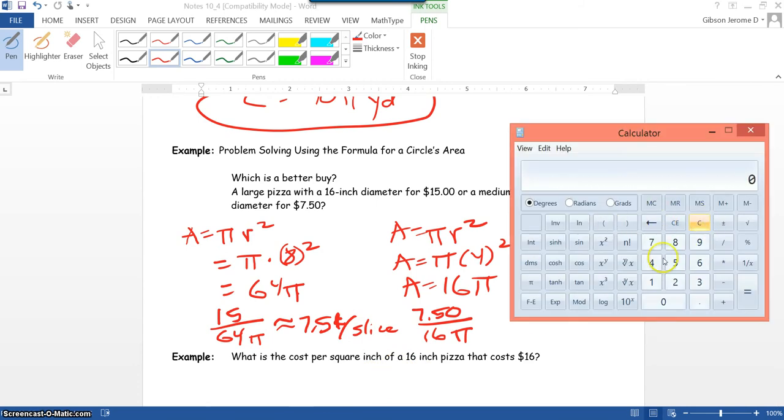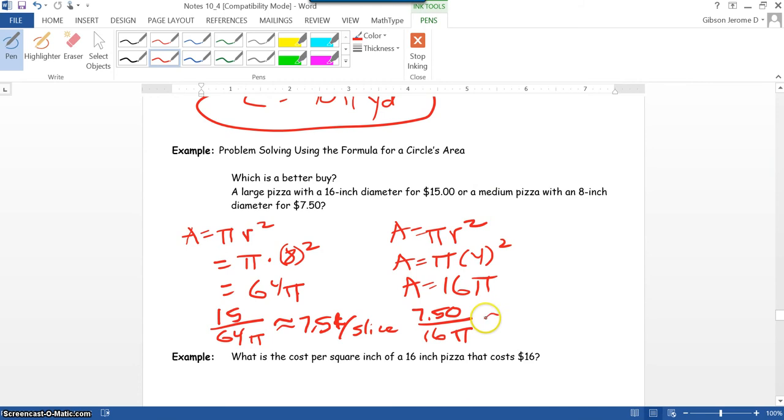Now we do the other pizza. We will have 7.50 divided by 16 times, and remember I'm using 3.14 to represent pi, and that would give me about, what's that, close to 15 cents or 14.9 cents per slice.